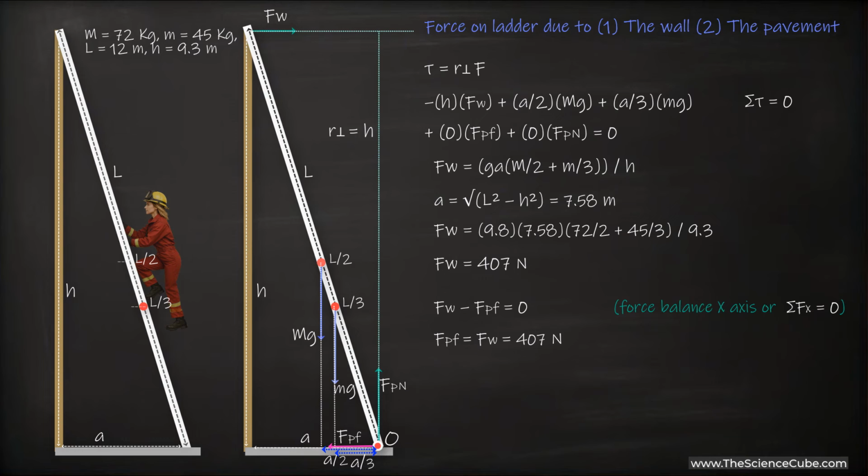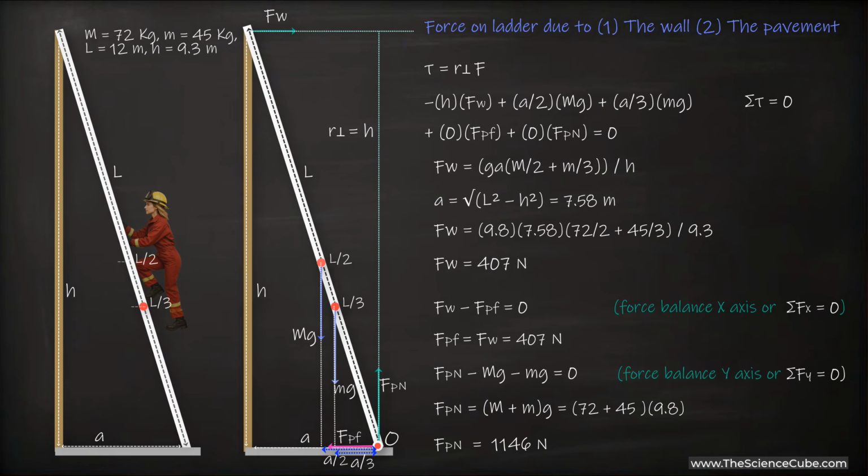Also, the equation in the y direction, Fnet y should also equal 0, and this gives us Fpn minus mg minus small mg should equal 0, or Fpn should equal (M plus m) into g, and when you calculate, you get this force equals 1146 newtons.